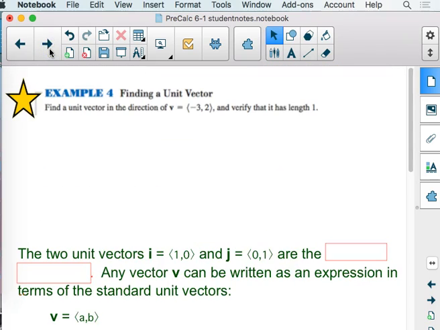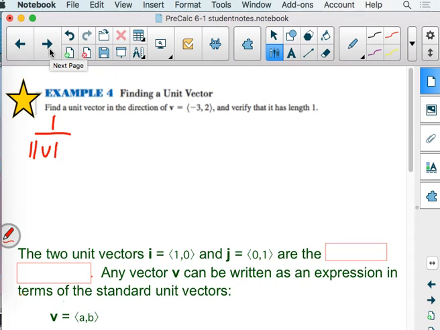So away we go. Find a unit vector in the direction of v, which is in component form <-3, 2>, and then verify that it has a length of 1. Well, the formula is 1 over the magnitude of v times vector v in component form. I would need to know what the initial point is for this.